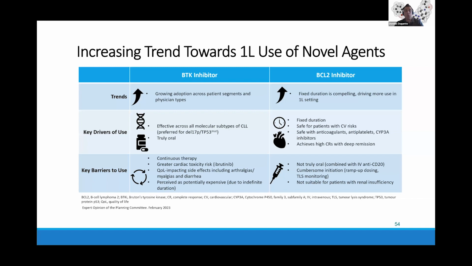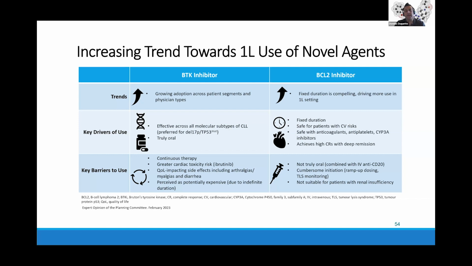Now, what about BTK inhibitors and BCL2 inhibitors? They're getting more use now. One of the problems for BTKis is the continuous therapy. That's a bit of a problem, and there is a greater cardiac toxicity risk, partly for ibrutinib.